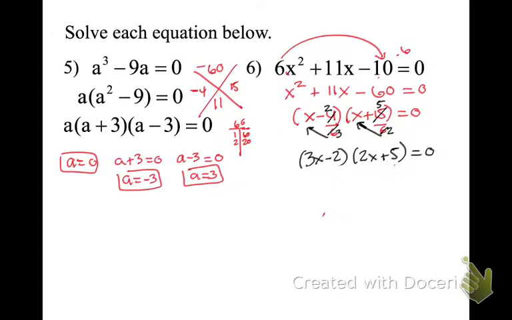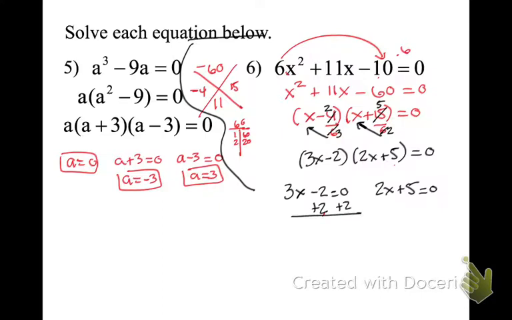Now, these I expect you to set equal to 0. So 3x minus 2 equals 0, and 2x plus 5 equals 0. So I'm adding 2, I'm adding 2. We always undo the addition and subtraction first. 3x equals 2, divide by 3, and x equals 2/3.